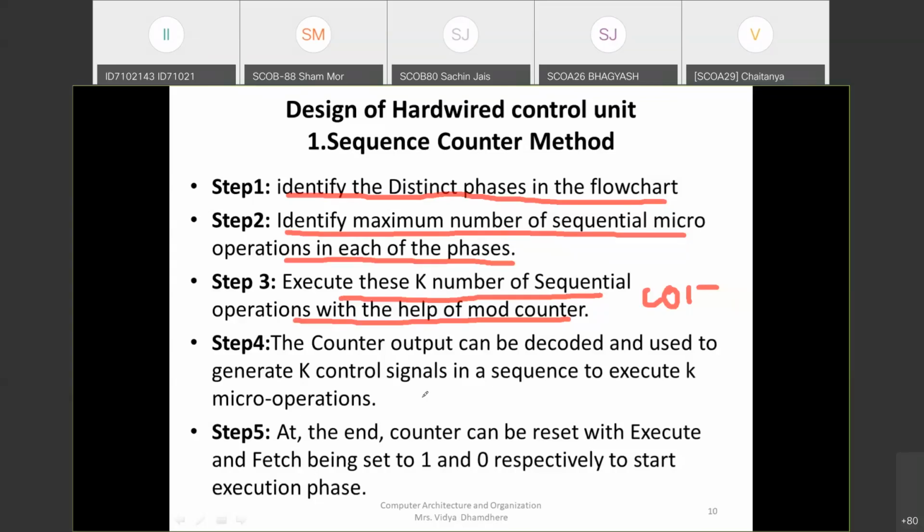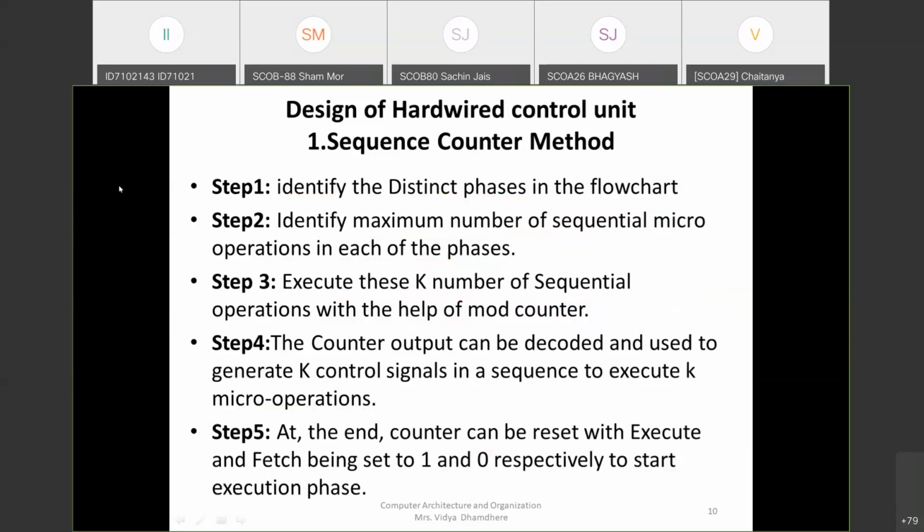That is the execution step mentioned here, and that loop will run for each instruction. That's why k number of instructions are there. So that loop will continue k number of times, and at the end the counter can be reset, with execute and fetch set to 1 and 0 respectively to start the new execution phase, which is mentioned here.